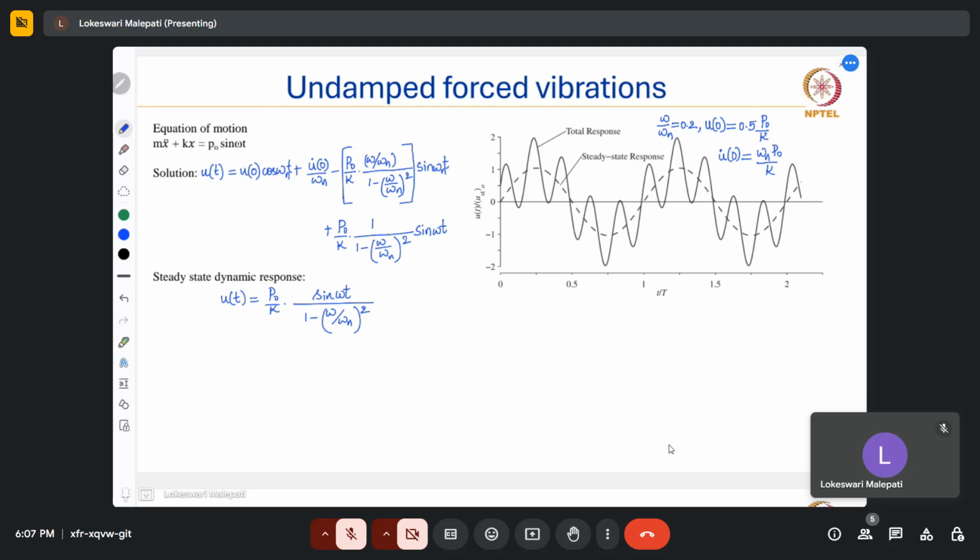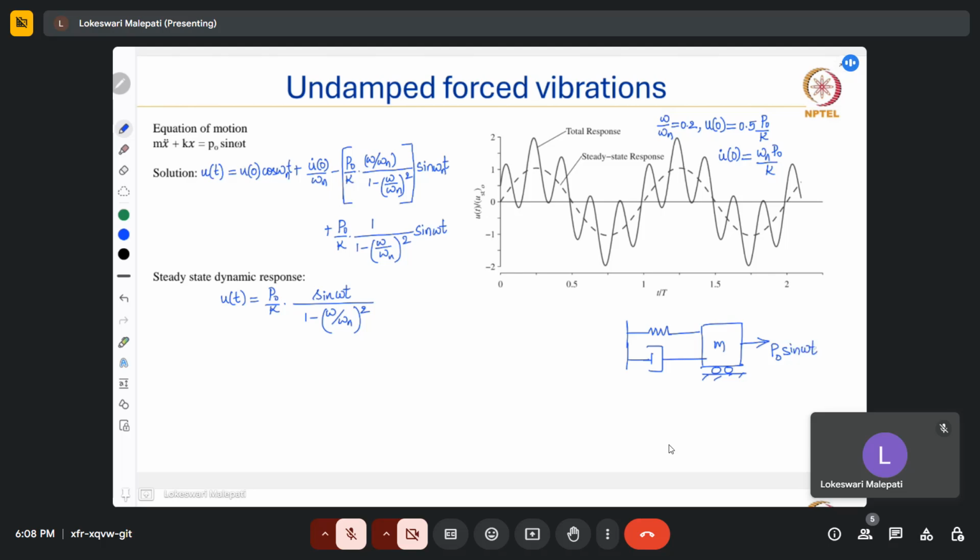So this is a single degree of freedom system that we are considering. And there is an external force P naught sine omega t.